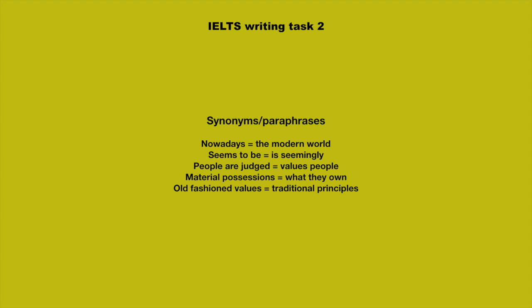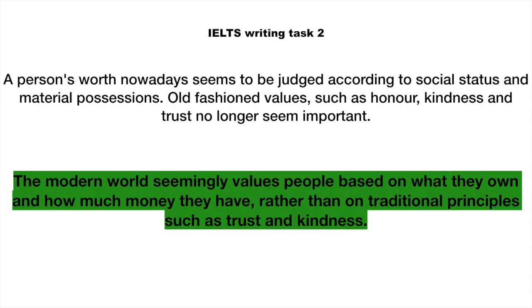So you can see that with some of the synonyms, for example, instead of values, I've used principles. Again, nowadays instead of modern world. And I've changed the word form. Instead of seems to, I've put is seemingly. So essentially it's the same root word, but I've changed the form. So if we go back to the original question and my example underneath, you can see a similar sort of length.